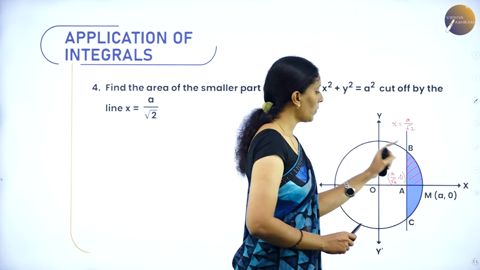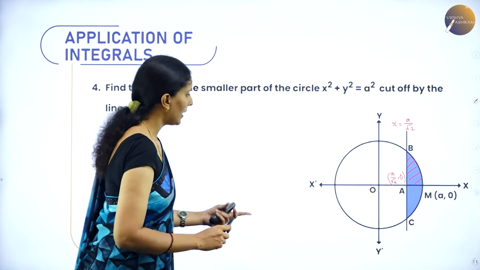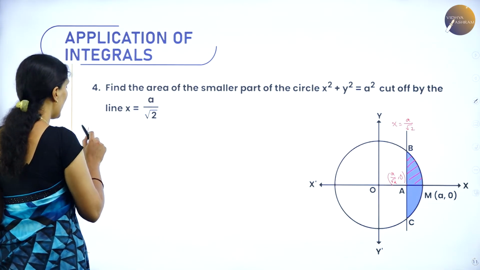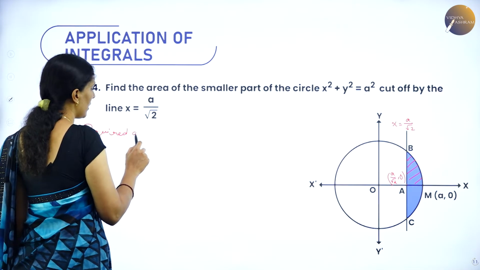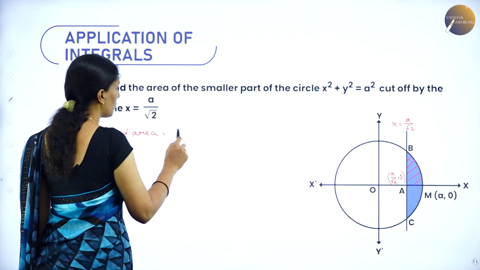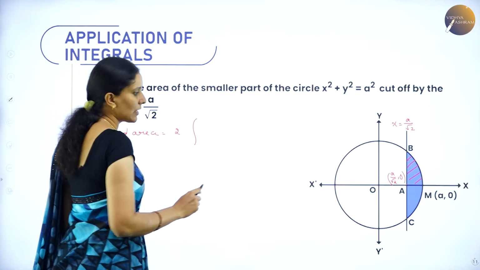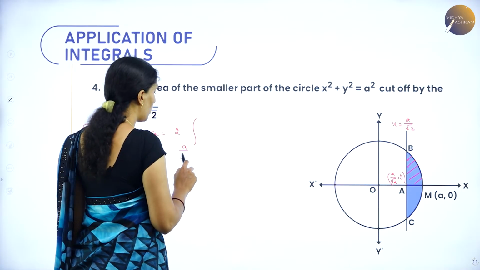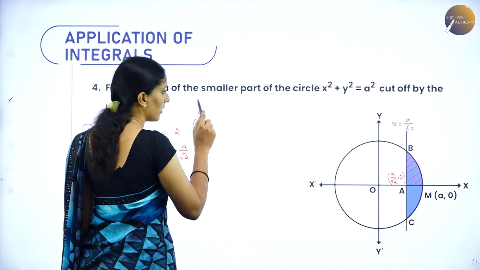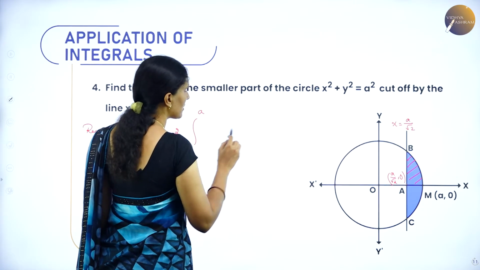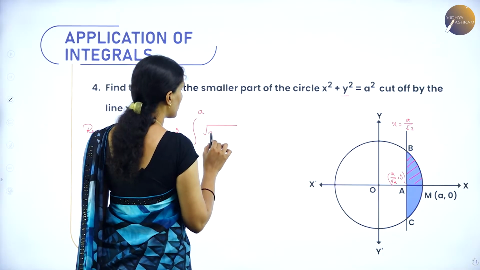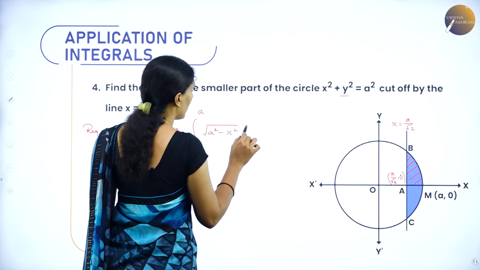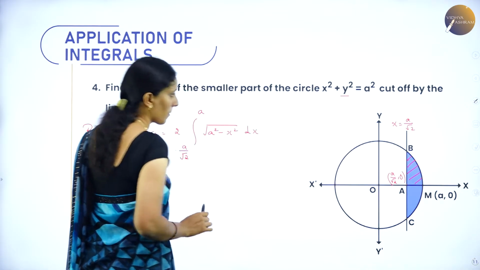So the required area here is 2 times, the limits are from a by root 2 to a, y into dx. So here y into dx becomes square root of a square minus x square with respect to dx.